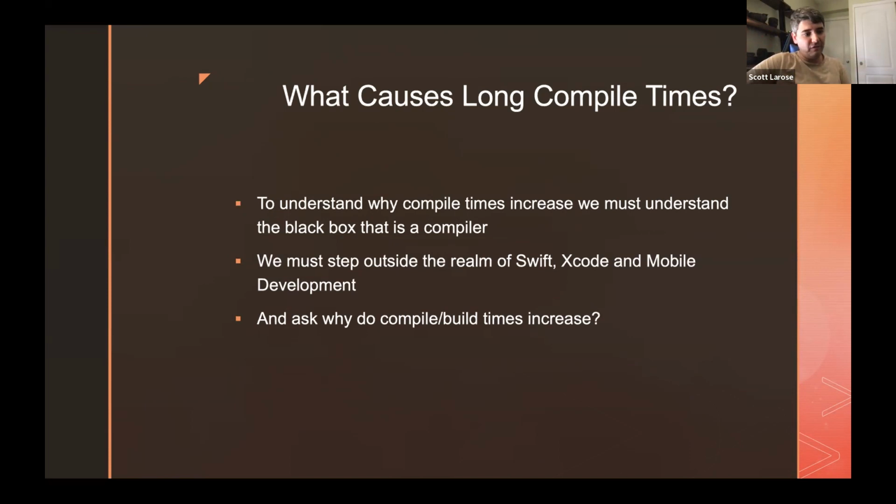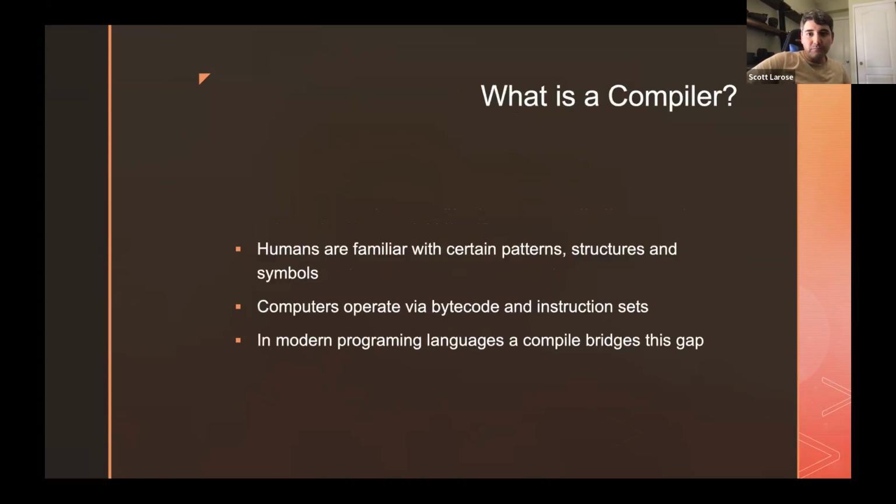Why do we get issues with compile times? What are some of the problems that are common throughout every compiler based on the underlying technology? And what are some of the problems that mobile devs using technologies like Swift and Xcode will run into in modern development? So we need to ask ourselves, why do compile times get long in the first place?